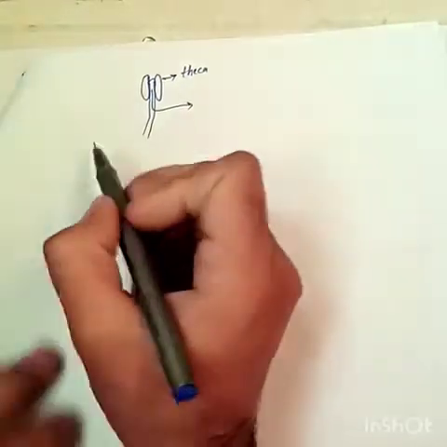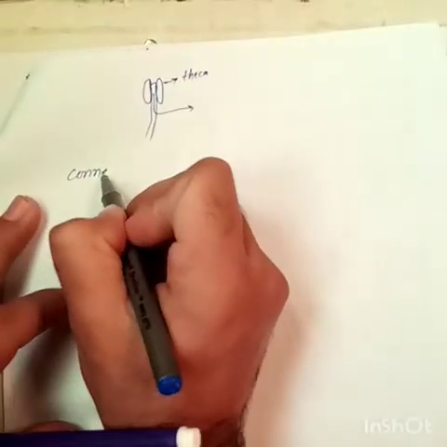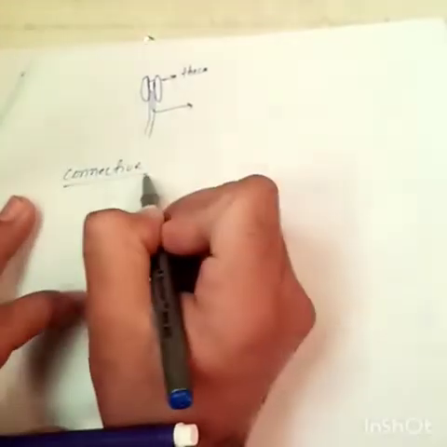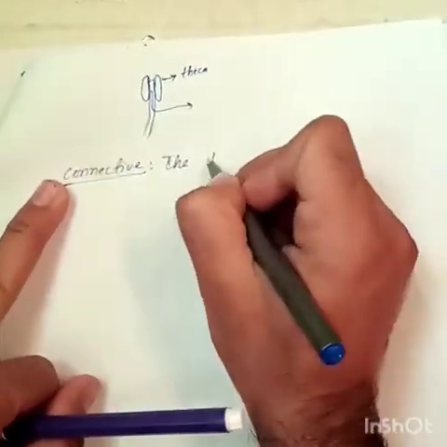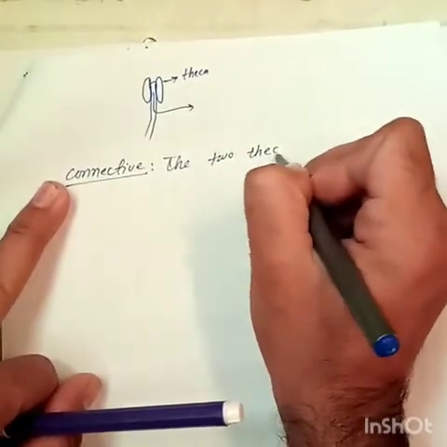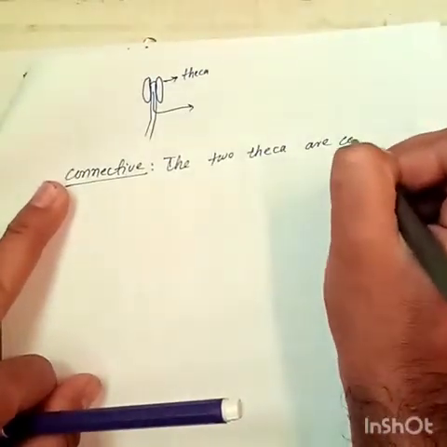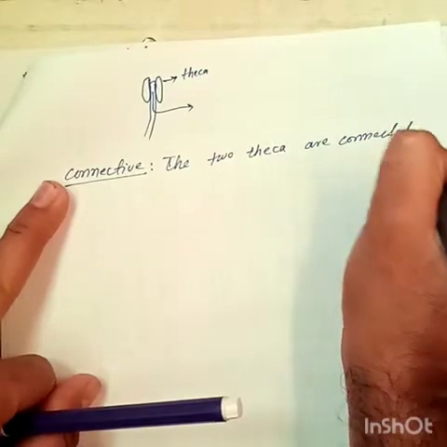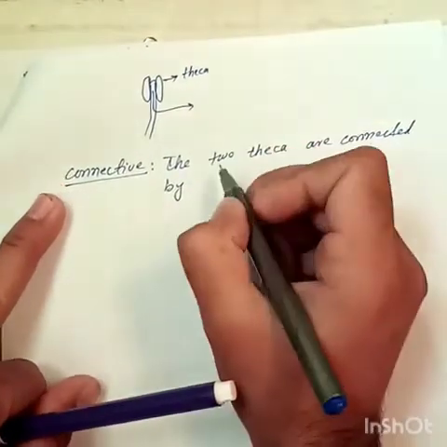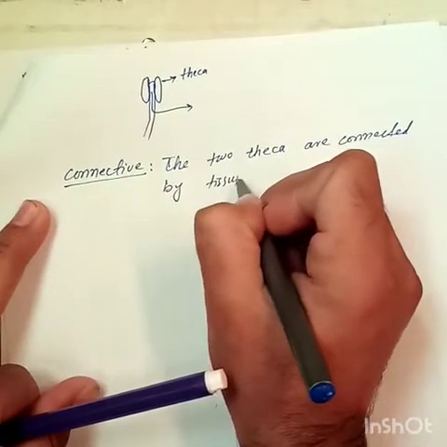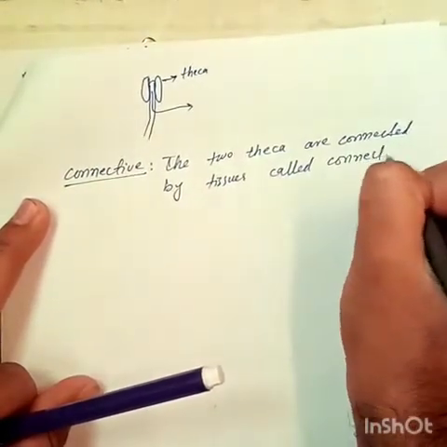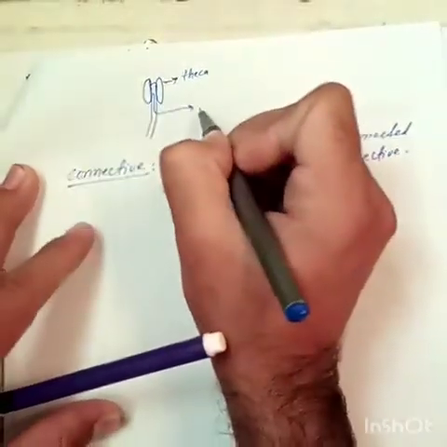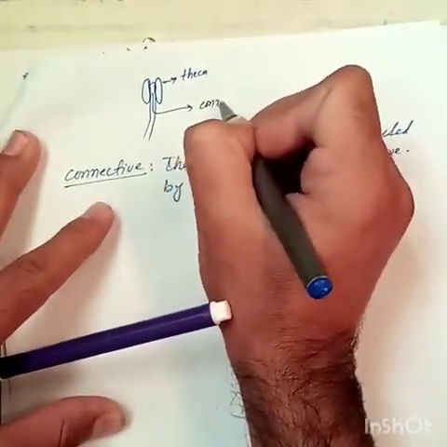The other part of anther is the connective. Now what is connective? The two theca are connected by tissues called connective. These are tissues that connect the two theca, so these are the connective.